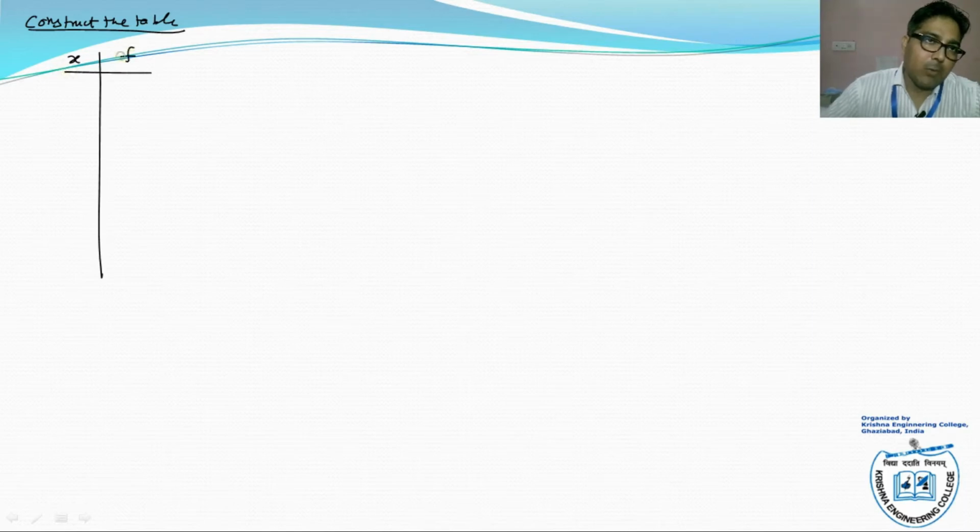Here is the table. Clear? X is given and f is also given.